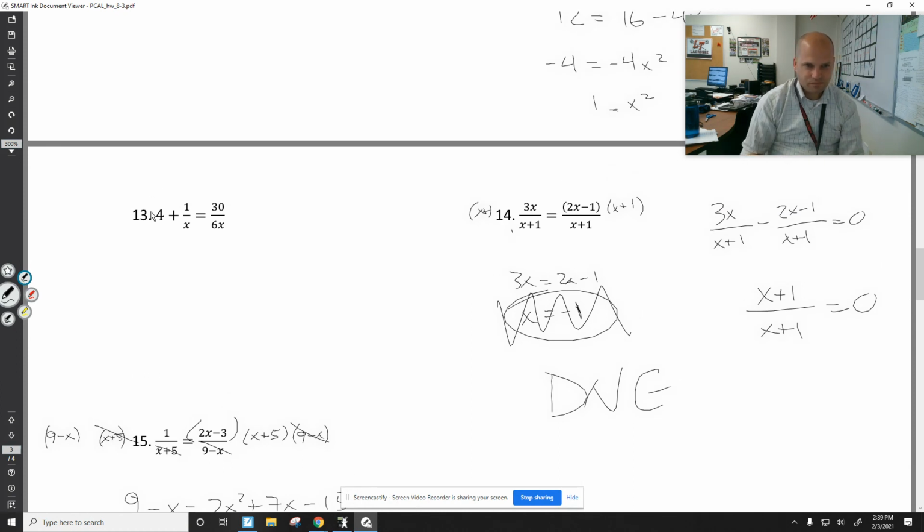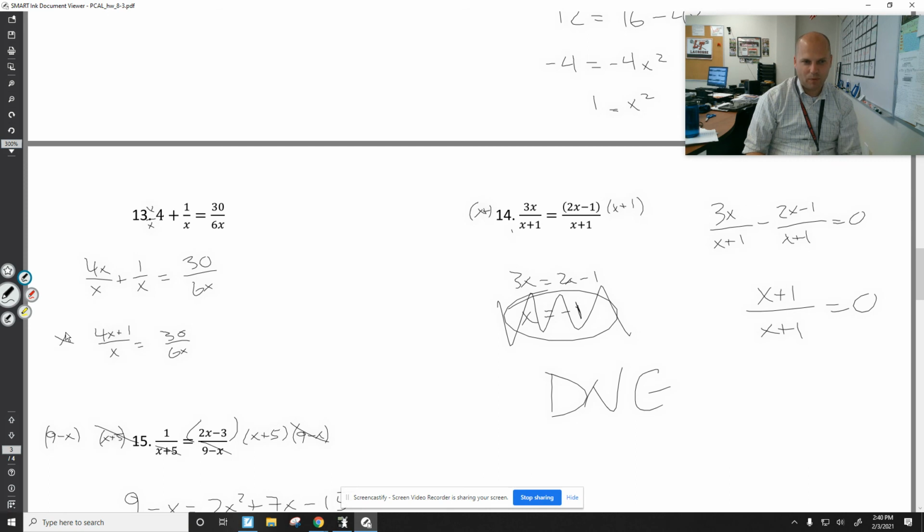So, common denominator, 4x over x plus 1 over x equals 30 over 6x. Multiply everything by x if you want to. You can combine these two. This is like 4x plus 1 over x equals 30 over 6x.